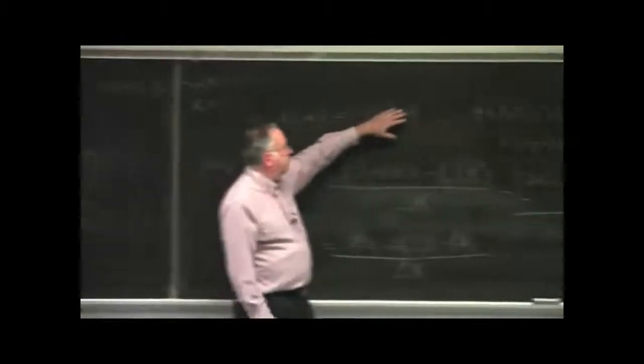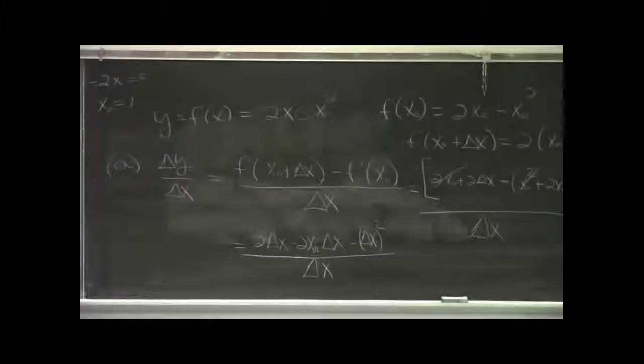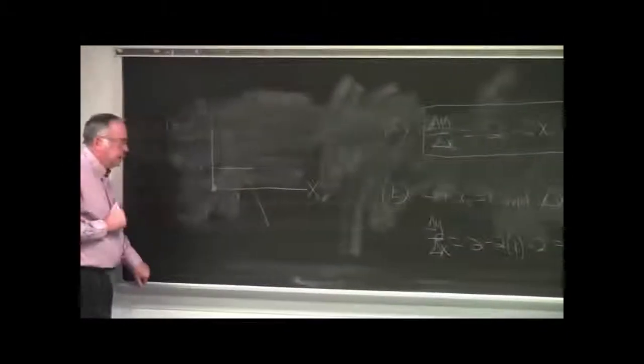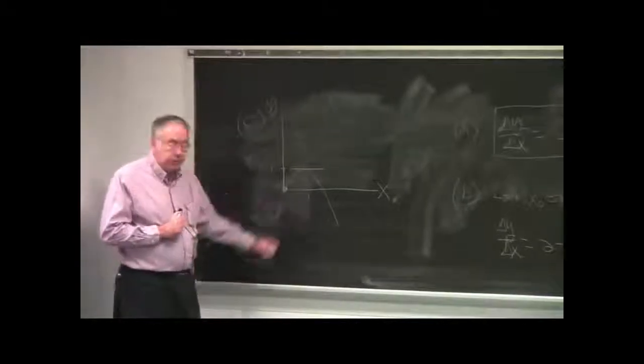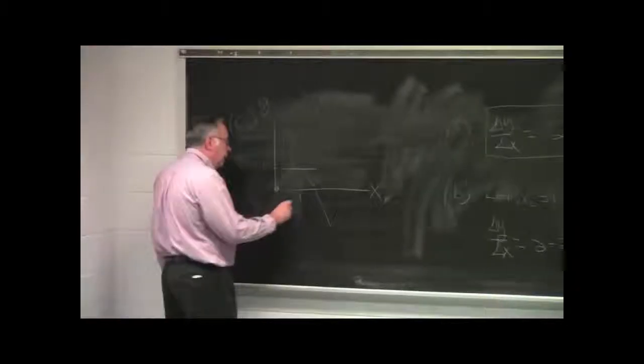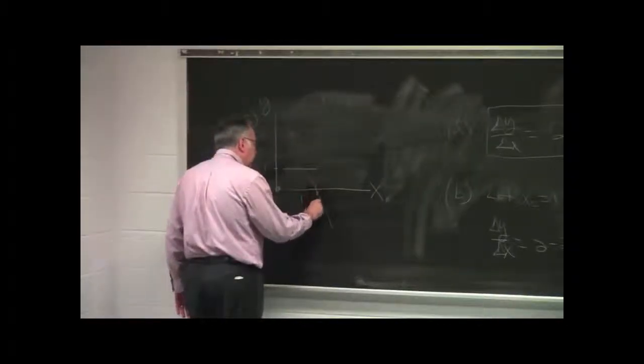So that's where the maximum value of the function is. If you plug x equals 1 into the original function, you get 2 minus 1. So the height of this function right here is 1. The maximum value of y is equal to 1, and that occurs by coincidence at x equals 1. So this would be the origin right here, and this would be the value x equals 2.